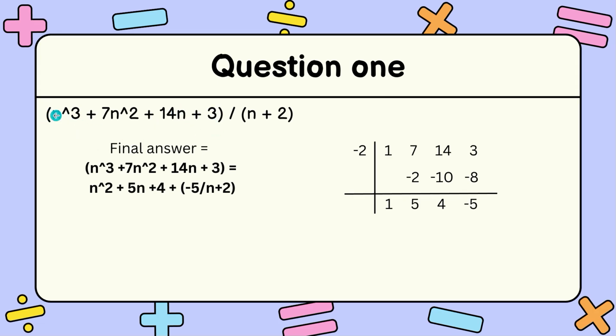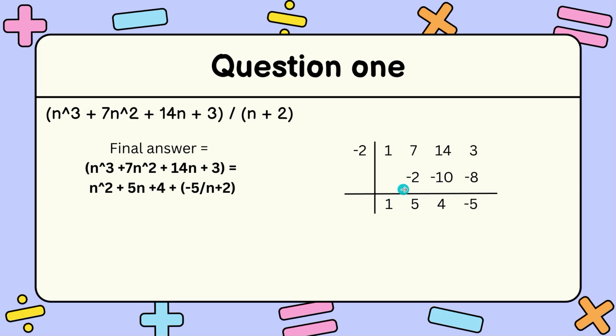So here we have n cubed plus 7n squared plus 14n plus 3, which is simply 1, 7, 14, and 3. And you'll plug those four numbers in here. Now what we do is we take this first number and drag it down. So we have 1 down here, and then we want to multiply that by the number we took from the divisor. So we have negative 2 times 1, which is simply negative 2.